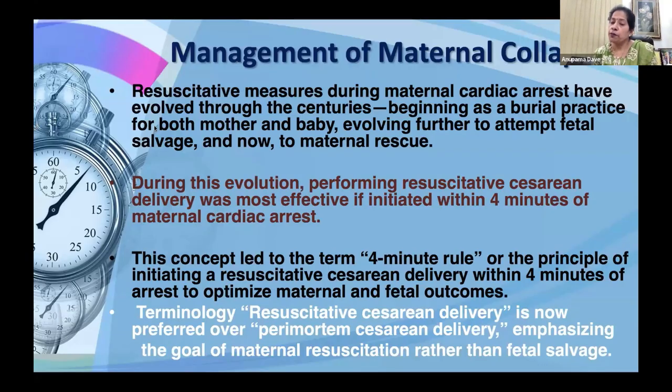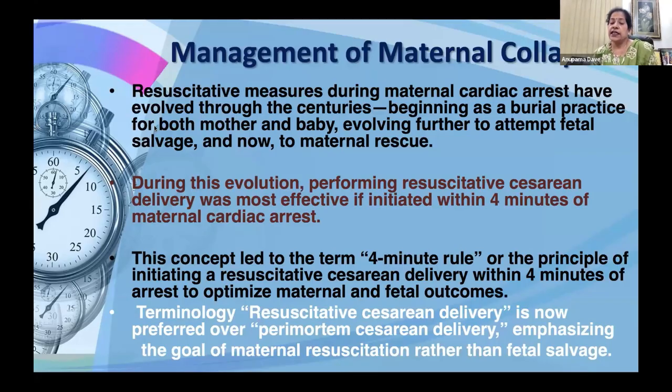During this evolution, performing resuscitative cesarean delivery was most effective if initiated within 4 minutes of maternal cardiac arrest. And this concept led to the term 4-minute rule. That is, you need to initiate this at 4 minutes and complete it by the 5th minute.